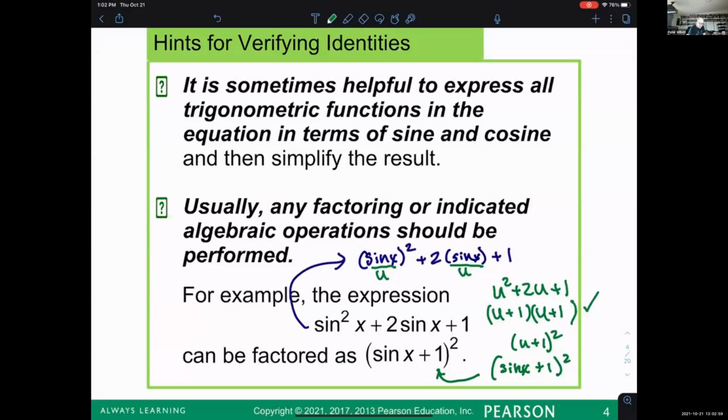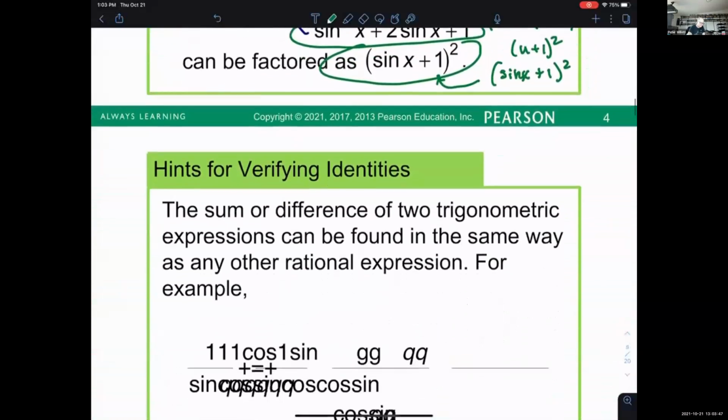So if you have something like this, you want to be able to recognize that it could be factored into something like that. Maybe you'll use that, maybe not. You won't necessarily know that that's the right thing to do, but usually, not always but often, any factoring or indicated algebra operations should be performed. So these are hints they're giving us to help us with the examples that are coming up.